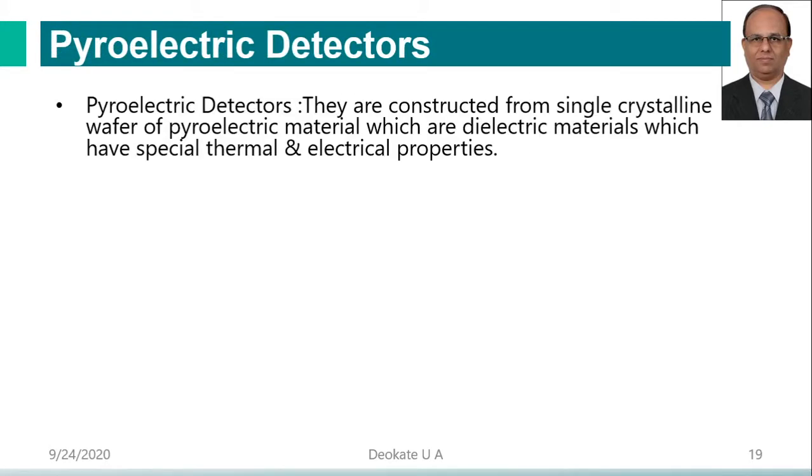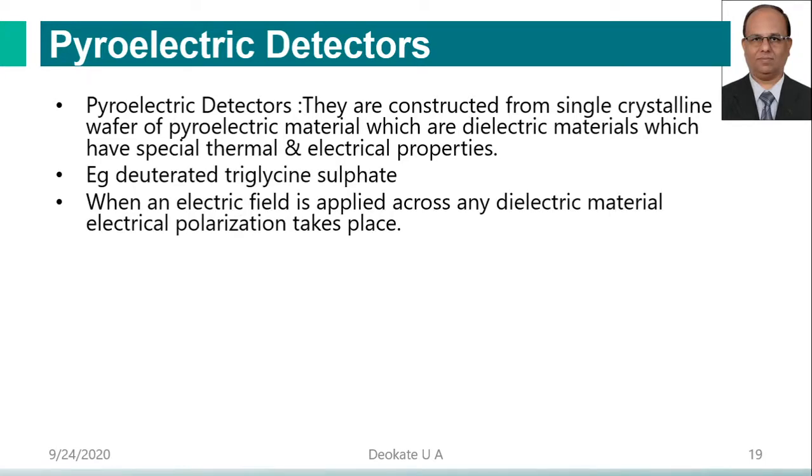The another one, which newer instruments use, is the pyroelectric detector. Pyroelectric detectors are constructed from single crystalline wafers of pyroelectric material, which is a dielectric material with special thermal and electrical properties. An example is deuterated triglycine sulfate (DTGS). Modern instruments use these DTGS salts, which are prepared and used.